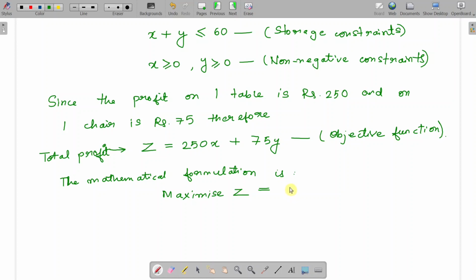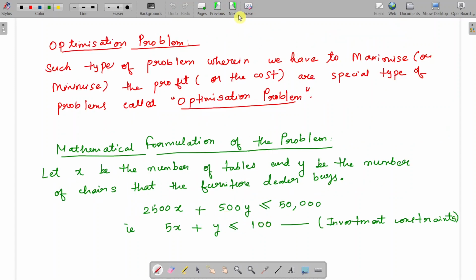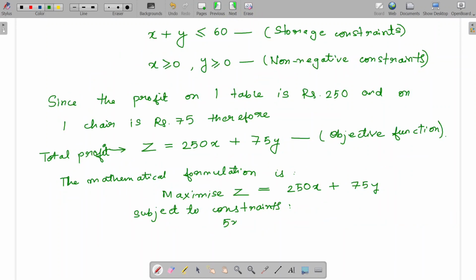So maximize z equal to 250x plus 75y, subject to the constraints, that means subject to the conditions. The first constraint is 5x plus y less than or equal to 100.